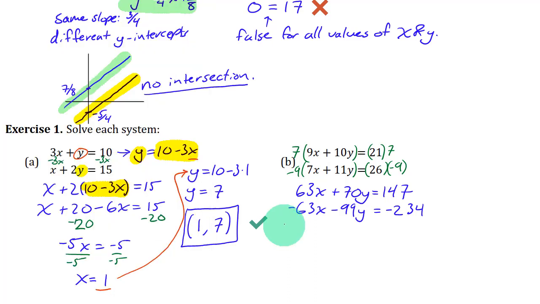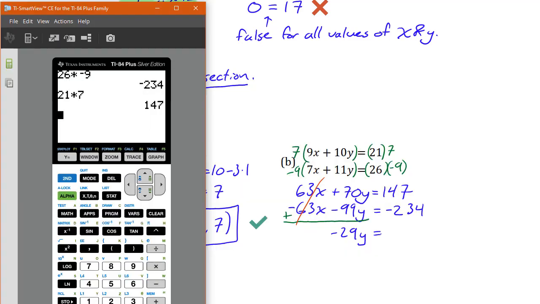Okay, so doing that trick sets it up so we have a 63x and a negative 63x. So when you add these together, you just get 0x. Those basically cancel each other out. And 70y minus 99y gives you negative 29y equals 147 minus 234, which is negative 87.